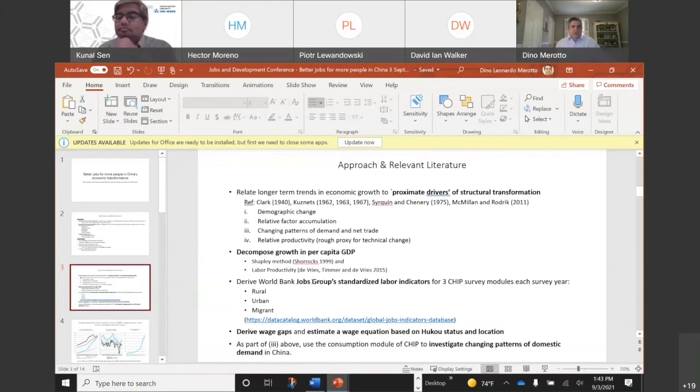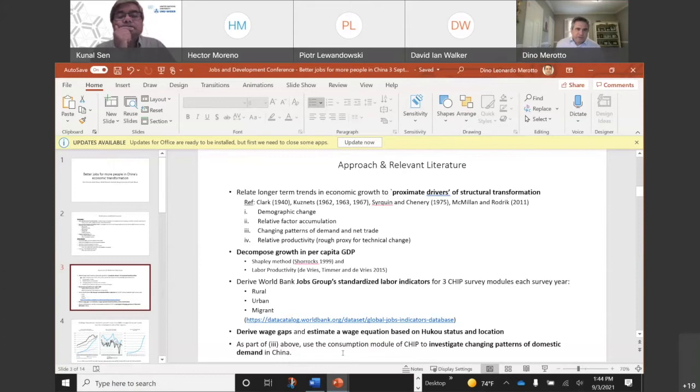And we're then drawing on some very useful standardized labor indicators that the World Bank's jobs group, our group, has been producing, in order to apply these to the CHIP survey and investigate patterns in these labor indicators for rural workers, urban workers, and migrant workers. We then derive wage gaps, and we estimate wage equations for hukou status, which is the migrant status, and the location of the worker.